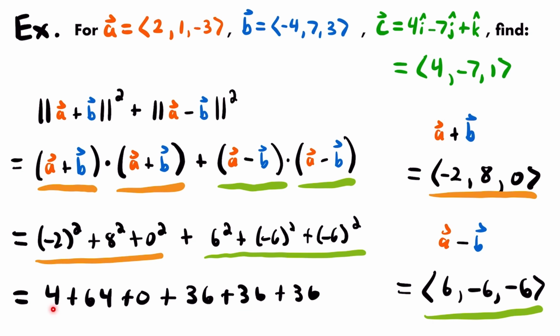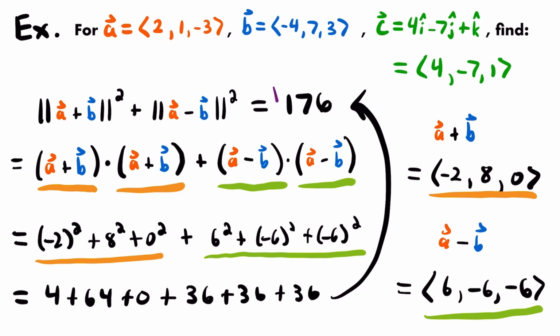All right, now 4 plus 64 is 68, and then if we add 36 3 times, that will give us 176. And so finally, we now know that this is equal to 176. That is the result of squaring the magnitude of a plus b and adding it to the magnitude of a minus b squared. Okay, and so with that, that is it for this lesson on the dot product.